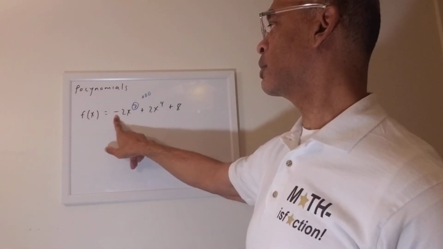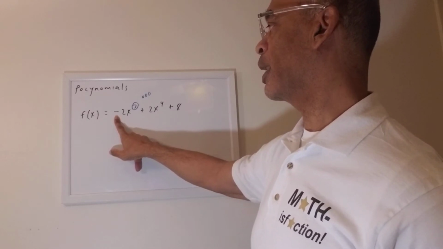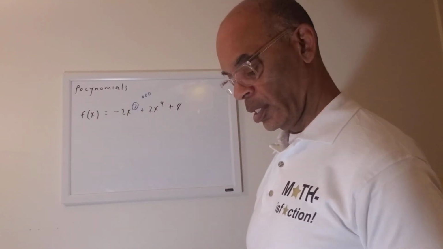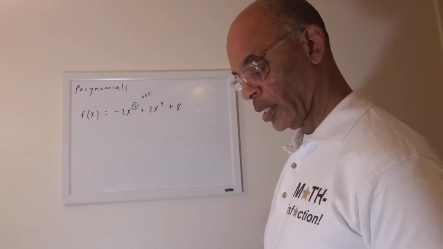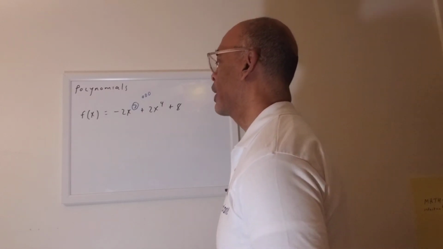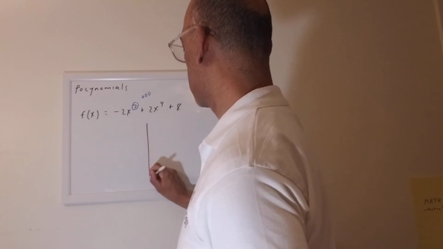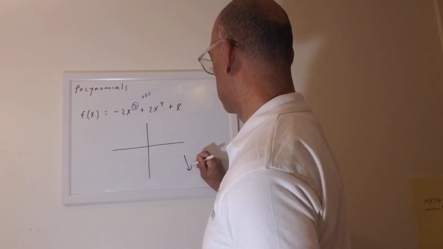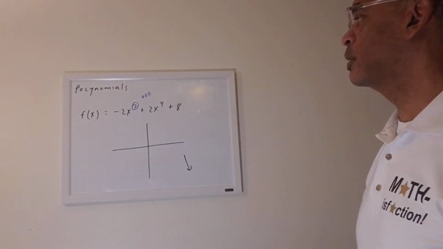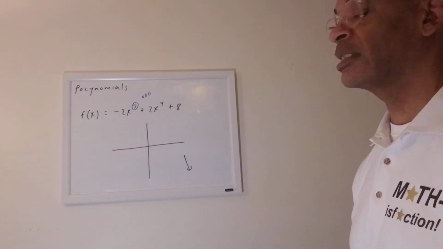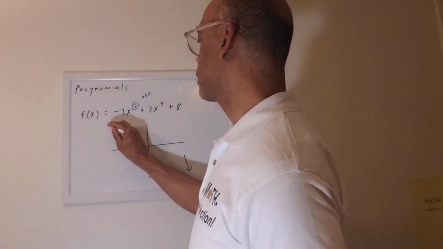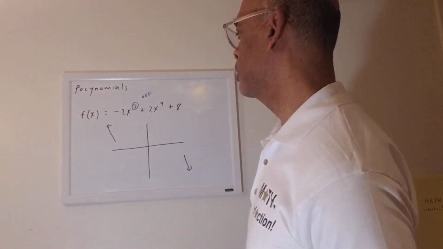Negative, the right end goes down. Positive, the right end goes up. You could look at this first and reach the conclusion that the right end goes down. And I believe I stated that in a previous video. So the right end goes down. And because this is odd, the left end has to go in the opposite direction. That's the end behavior.